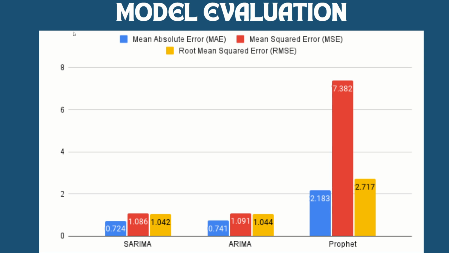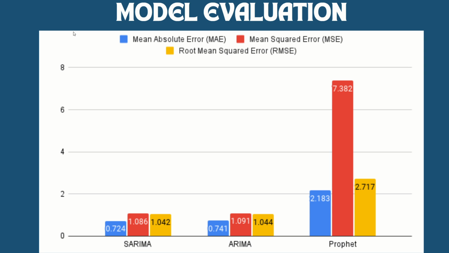We can clearly see that SARIMA and ARIMA models perform almost similarly, with a slight difference in their percentages, and they achieve lower error compared to the Prophet model. The Prophet model has resulted in higher MAE, MSE and RMSE that suggested a larger overall difference between the predicted and actual price values, which we cannot actually rely upon.